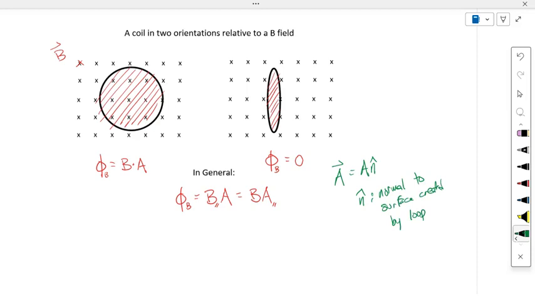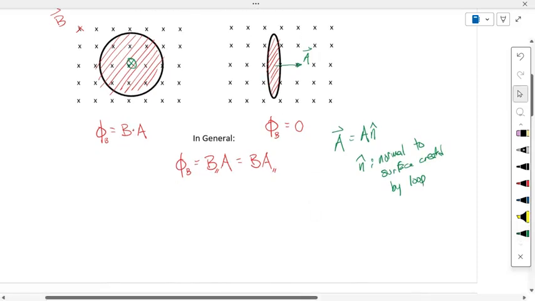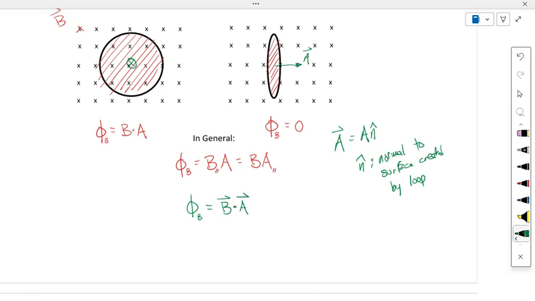So in this case, why don't we say the area vector, the n hat vector, happens to point into the page also, that way. So for any number of these reasons, you may recognize that there's this quantity called flux that is a scalar, but is the scalar product of B and A, the dot product.